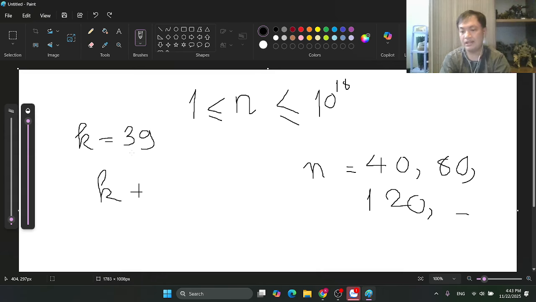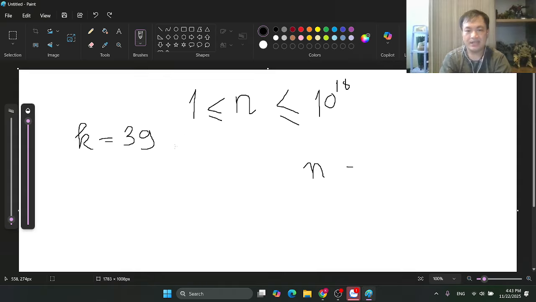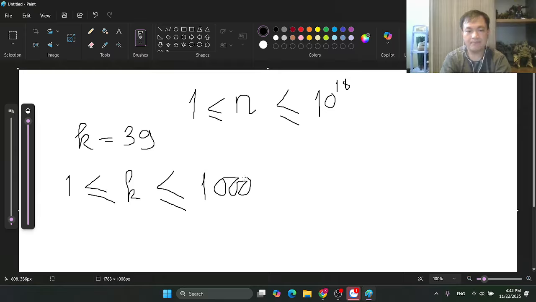So how to find k plus 1? You can see that k is in the range from 1 to 1000, so k plus 1 is from 2 to 1001.